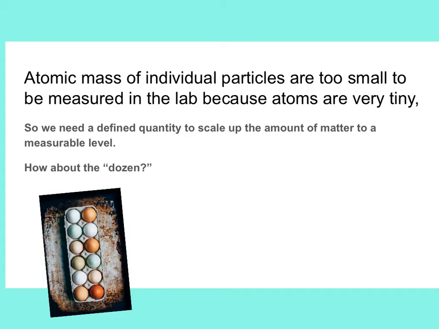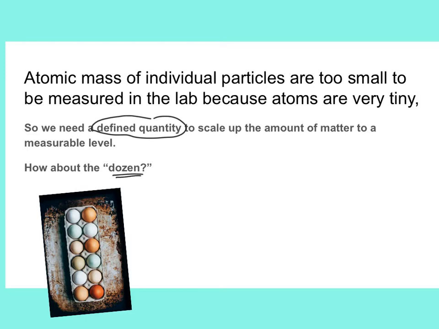We can't even measure a few particles or 1,000 particles, because the particles are so small that even 1,000 of them would not really give us appreciable mass to be measured in our lab. So we need to define a quantity that will allow us to have a working amount of matter that we could actually see and handle.